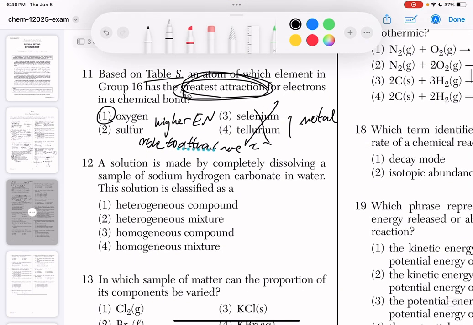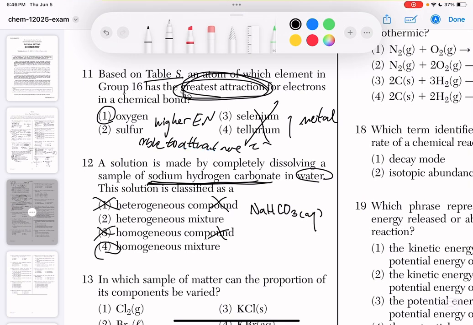A solution is made by completely dissolving. A solution is classified as a homogeneous mixture. So since you're dissolving sodium hydrogen carbonate in water, this would be NaHCO3 (aq). Being a combination of sodium hydrogen carbonate and H2O, this is definitely not a compound.